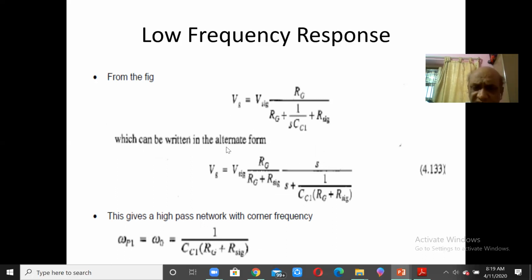This can always be written by taking out Rg divided by Rg plus Rsig as common. So then it will become S divided by S plus 1 by CC1 times (Rg plus Rsig).